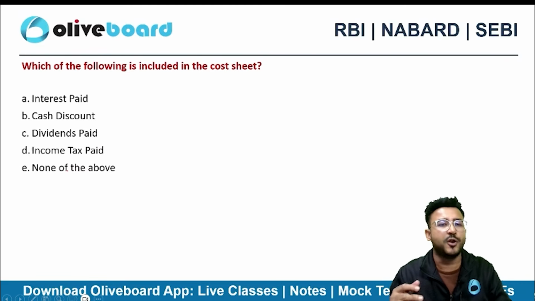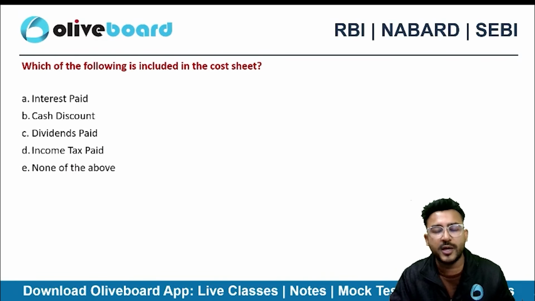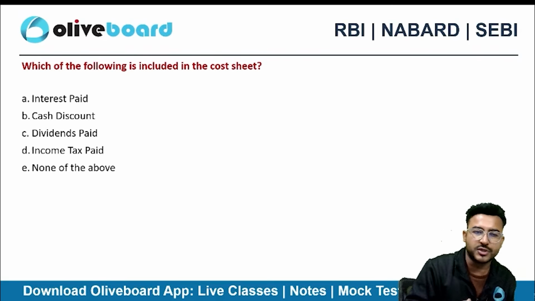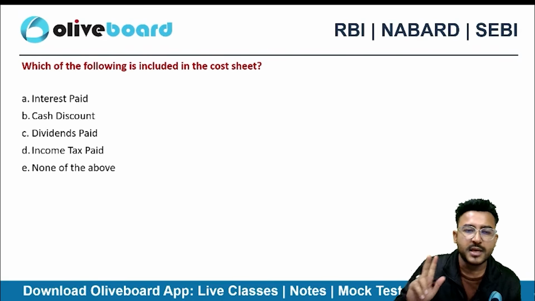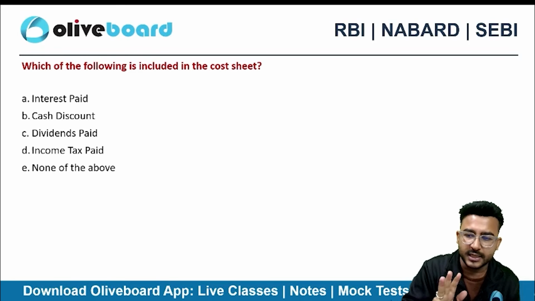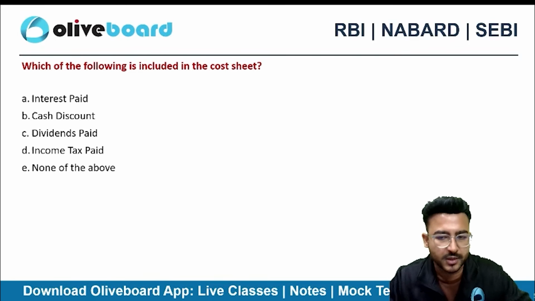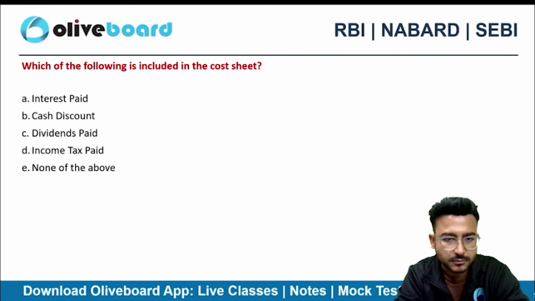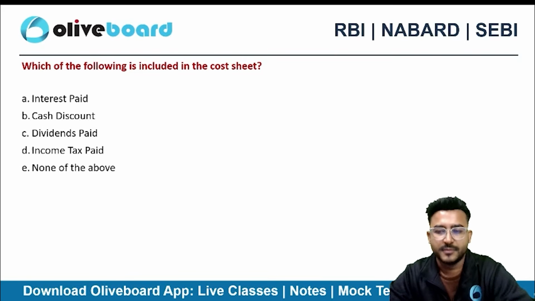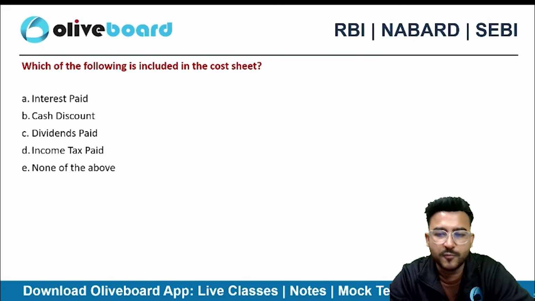Next one, which of the following is included in the cost sheet? What do we have to consider in the cost sheet? Option A, interest paid. Option B, cash discount. Option C, dividend paid. Option D, income tax paid. Or option E, none of the above. Why none of the above?